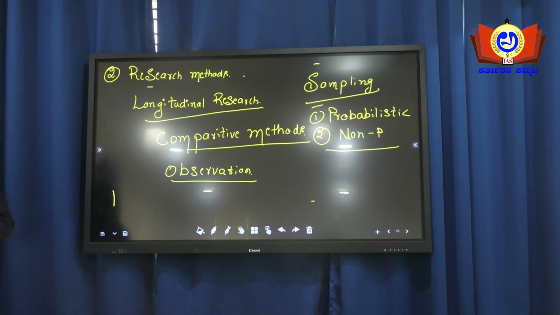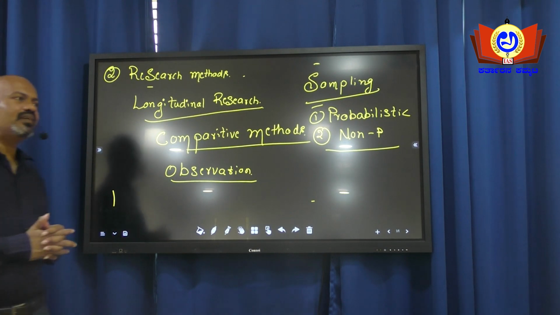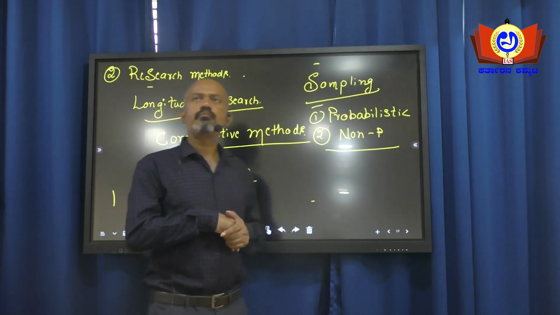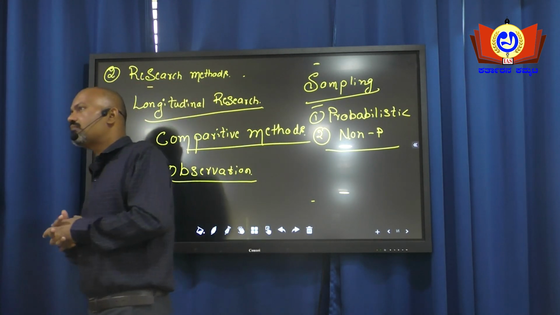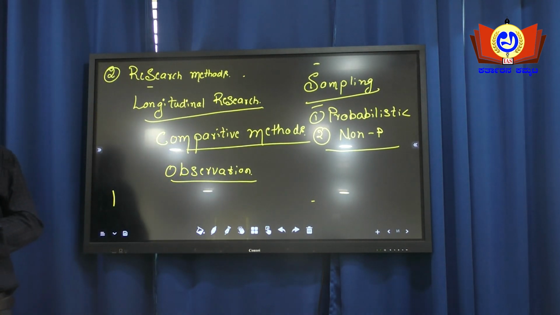Within probabilistic sampling, we have some types. You can write simple random sampling, or just random sampling. Systematic sampling, second point.